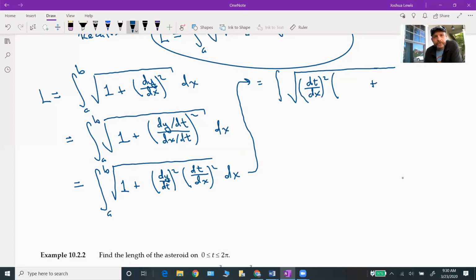So plus, when I factored out, my second term under the radical, I'm just left with dy/dt squared, right? And that's encouraging because that's what I want, okay? But then what does my first term become? My first term is 1. So if I'm factoring dt/dx out of 1, it's going to become dx/dt, right? And so I've got a dx/dt here. And if you need to, convince yourself: distribute that, these will all cancel, and you'll just be left with 1. But it gets even better.